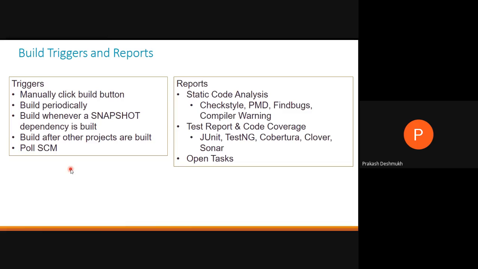Okay, and reports, these are some examples of the reports: static code analysis reports using Checkstyle, PMD, FindBugs. So these are all code review tools. And then compiler warnings, you can see, then test reports and code coverage reports for JUnit, TestNG, MSTest, or Sonar, etc. And then open tasks reports are also available.